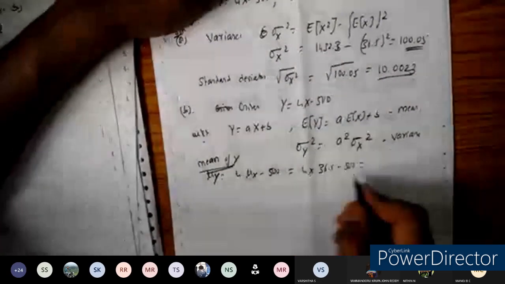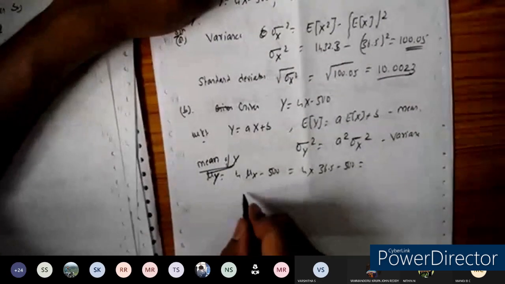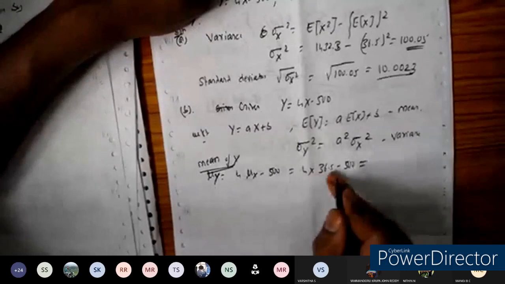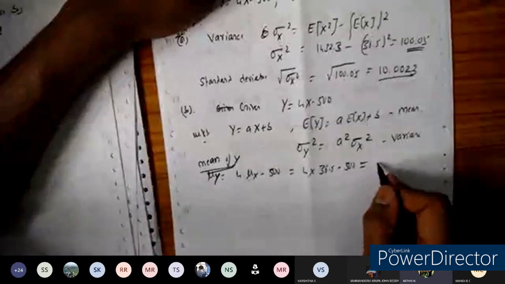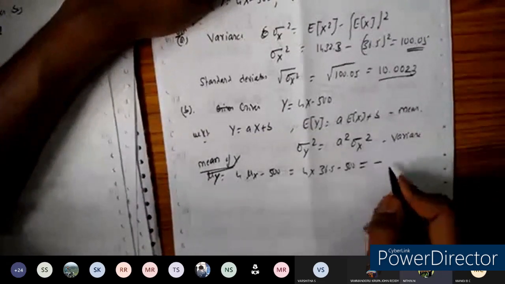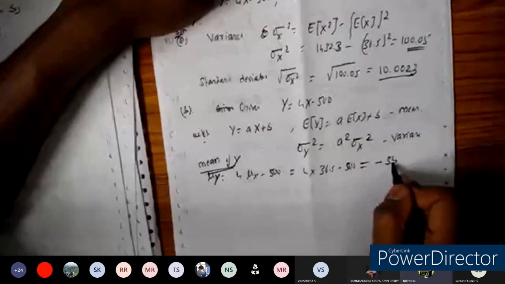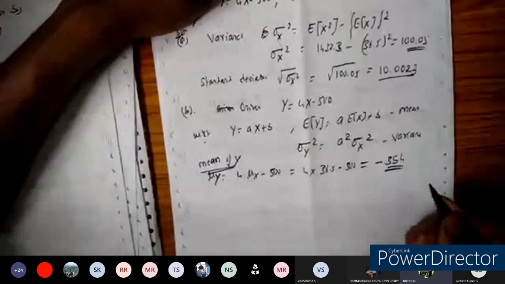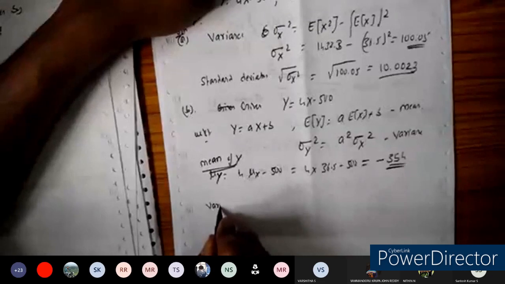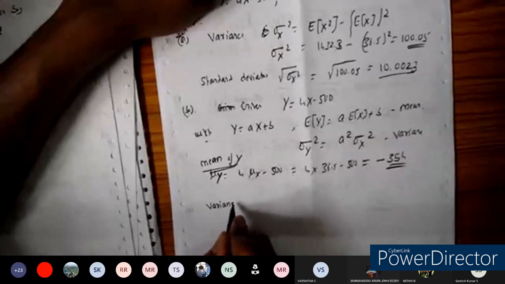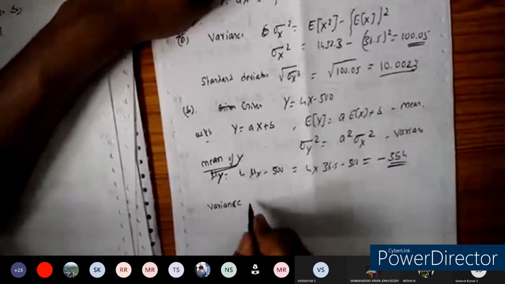How much will you get? 4 into 36.5 minus 500, minus 350. How much? Minus 354. Very good. Minus 354 we will get here. Done. Got the answer, everyone? This one is correct.